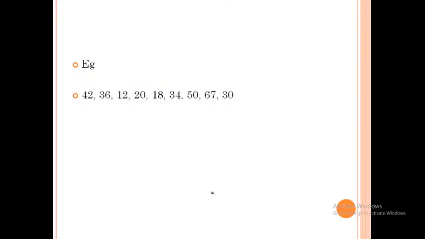By mere observation of this data, you can say no value or no variable is repeated. 42 only one time, 36 only one time, 12 only one time, 20 only one time. No variable is repeated. So such type of data doesn't have a mode. This group of values does not have a mode.